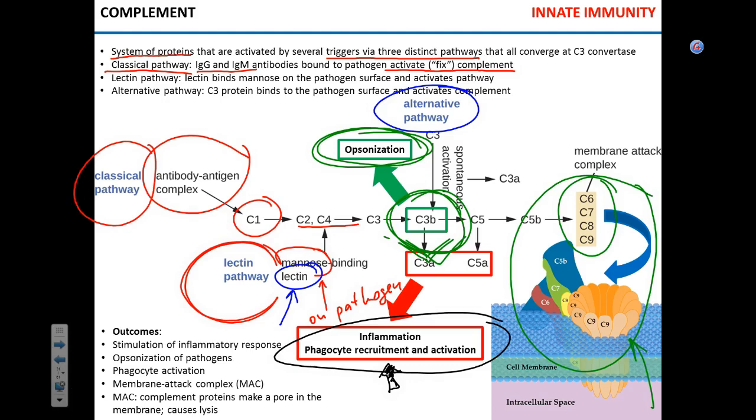A pretty common term for the membrane attack complex is MAC attack.